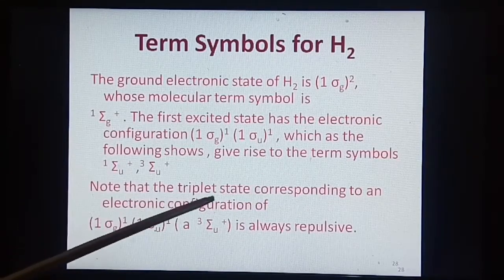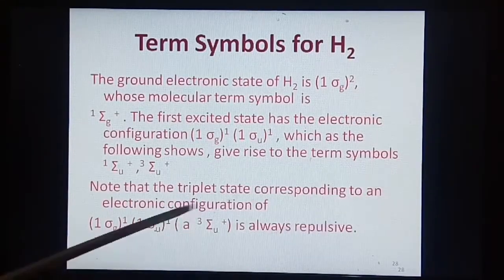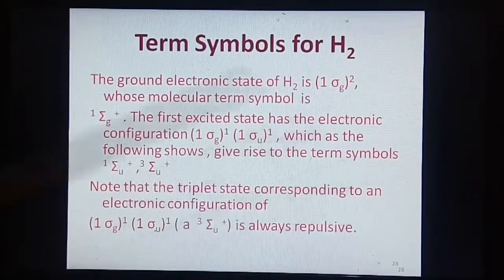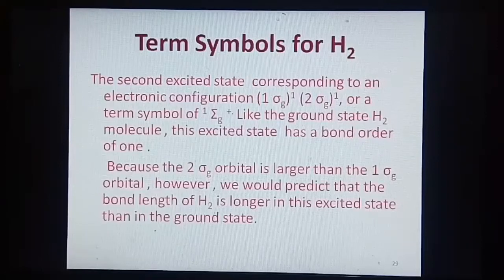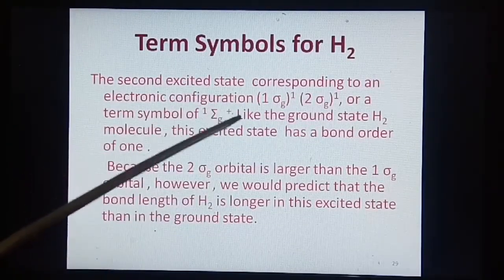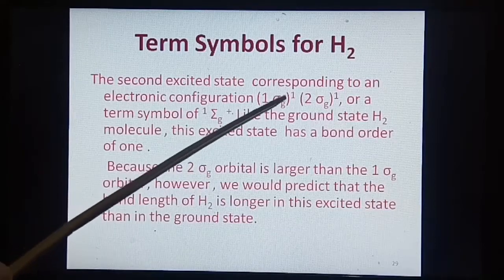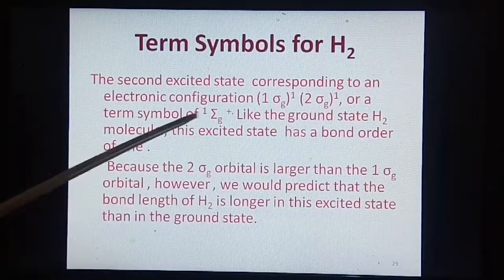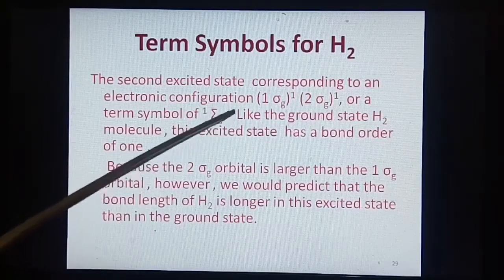Note that the triplet state corresponding to this electronic configuration is always repulsive. The second excited state corresponds to the electronic configuration 1σg¹ 2σg¹, and the term symbol will be 1Σg+.